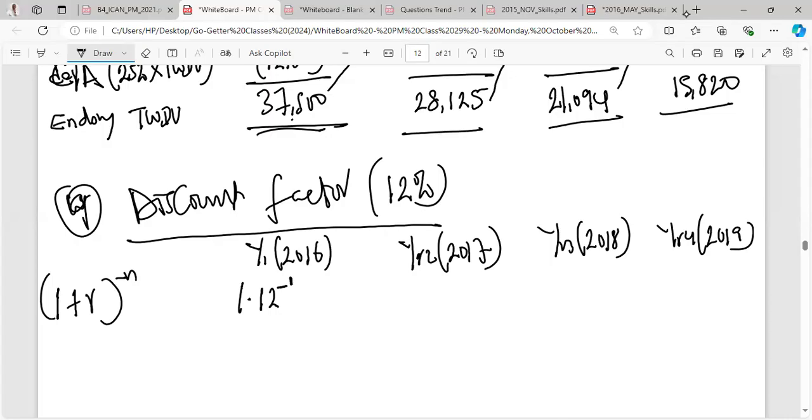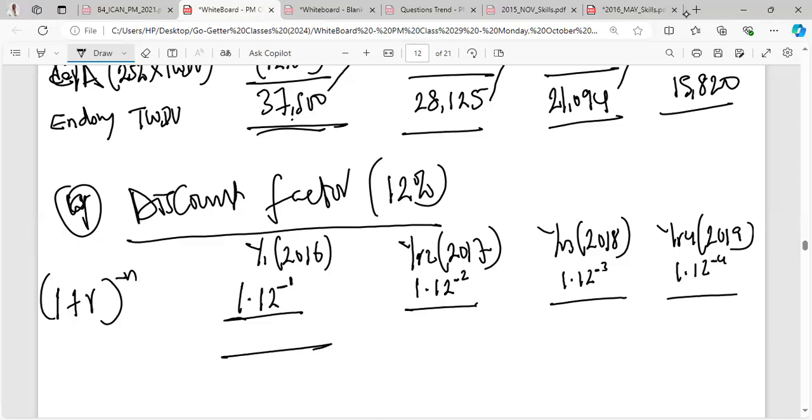This is going to be 1.12 raised to power minus 2, 1.12 raised to power minus 3, 1.12 raised to power minus 4. I believe I was not supposed to do workings for it, but I just want to do workings so that you will know how I got that.